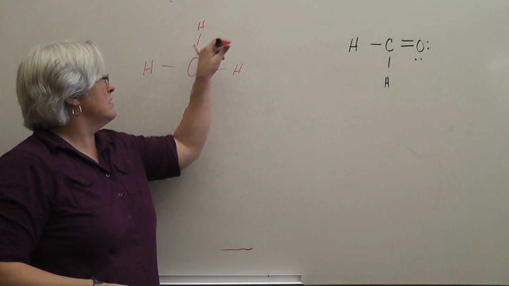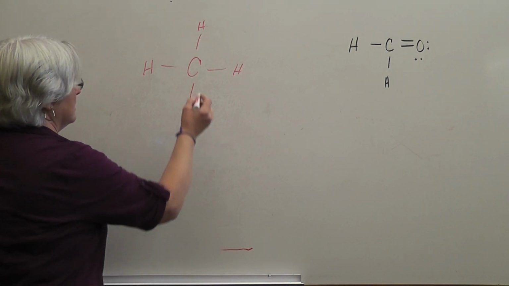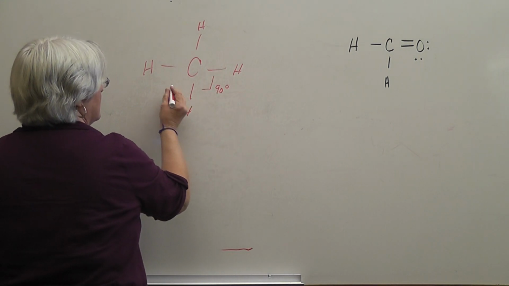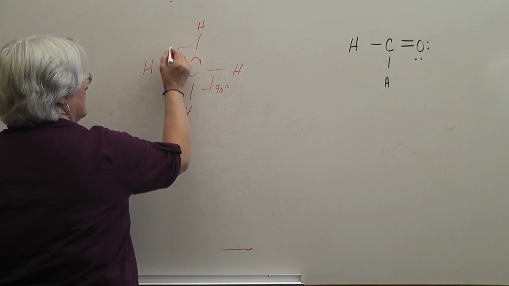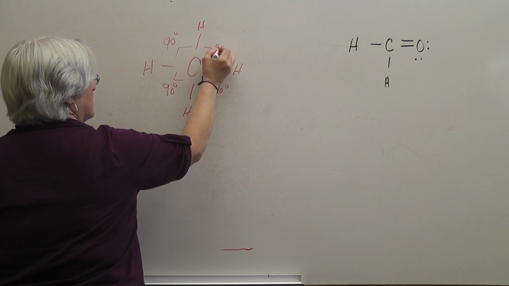These all want to push as far away as they possibly can from each other. You know that this is a 90-degree angle, and this is 90 degrees, and this is 90 degrees.